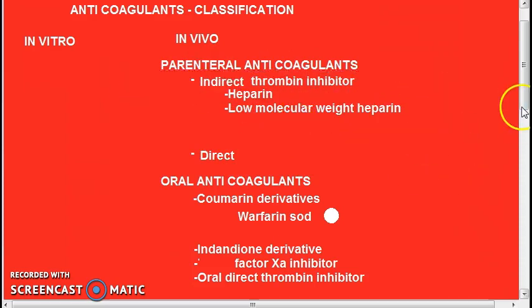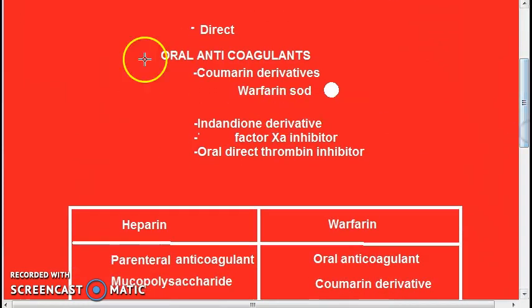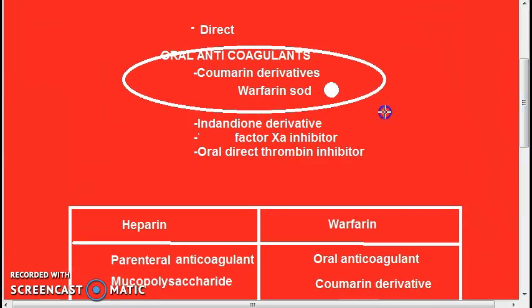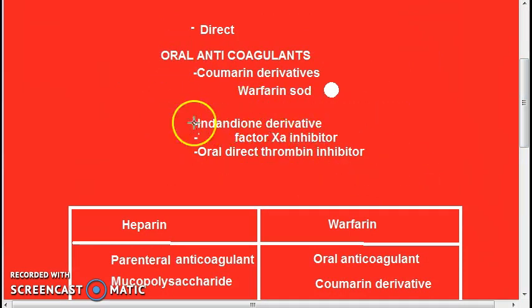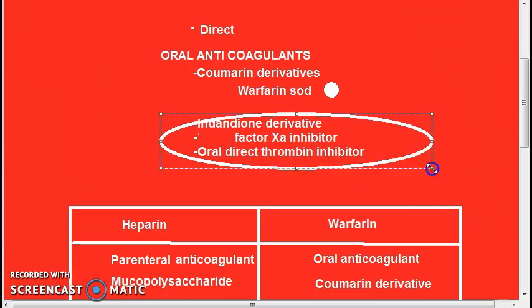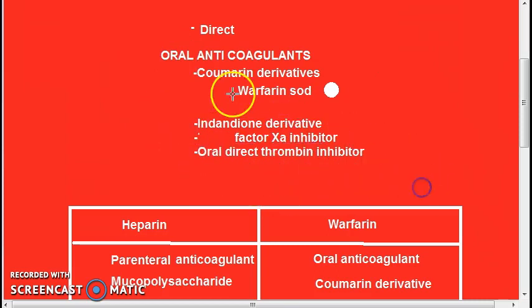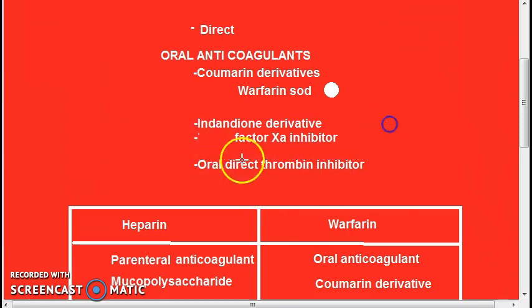Under oral anticoagulants, you have the coumarin derivative, that is warfarin sodium. The other classifications are indandione derivative, factor 10A inhibitor and oral direct thrombin inhibitor, which we will learn in further videos.